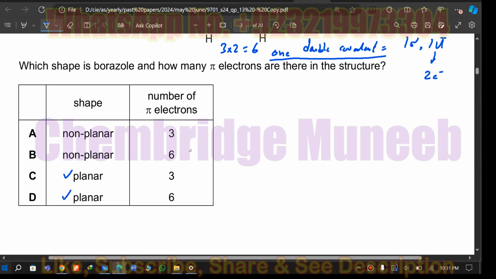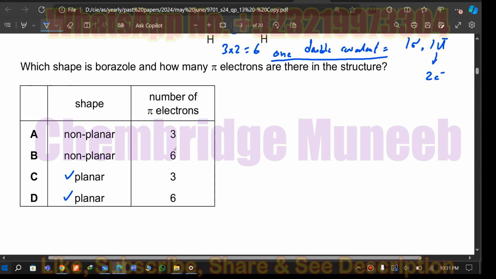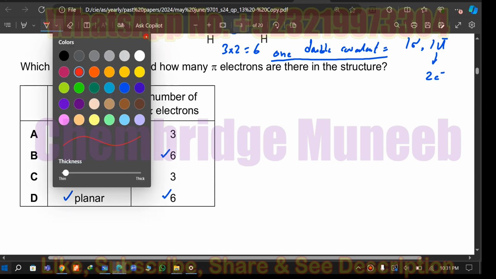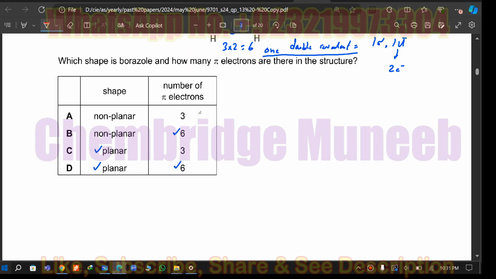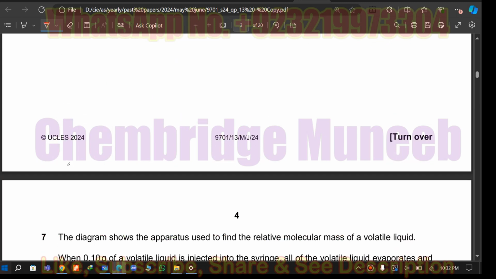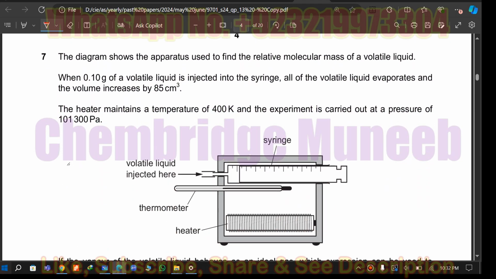So electrons involved in pi bonds are 6. So considering 2 ticks in this question, the right option becomes D option. That's the right answer. Now moving to the next question, question number 7.